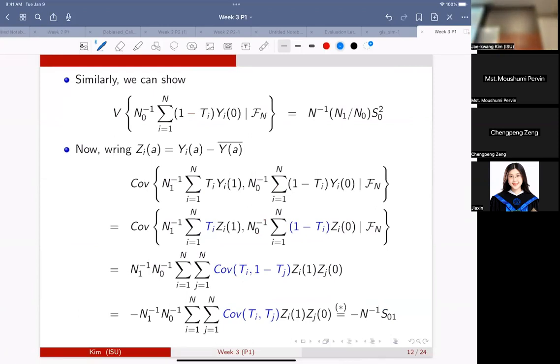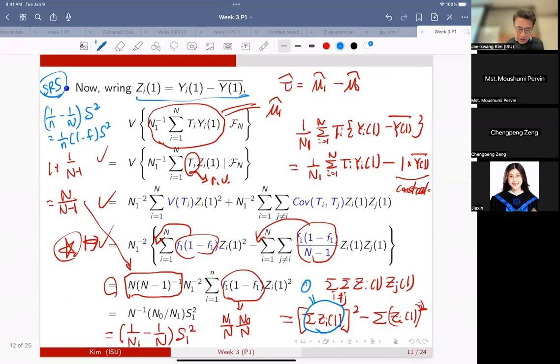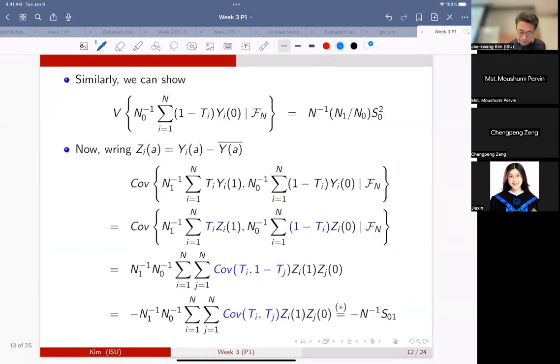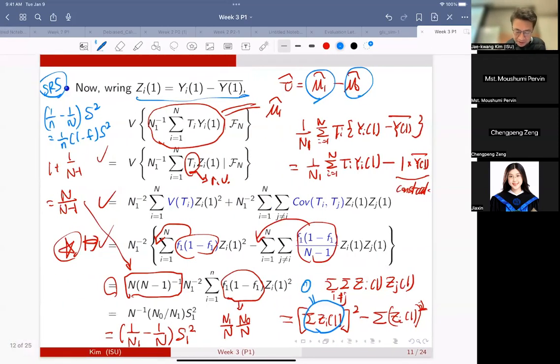Same way you can compute the variance of this guy. So we just look at the variance of this guy, the first one, and the variance of the second part is exactly the same with the 0 and 1 reversed. And now what we are interested in is actually the covariance.